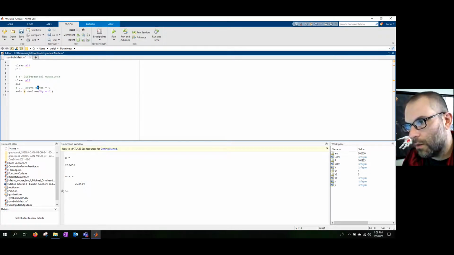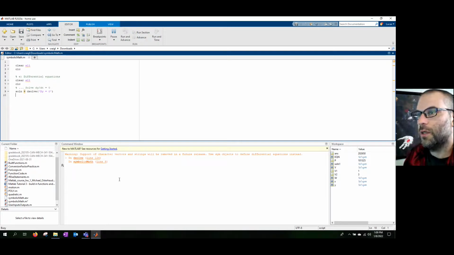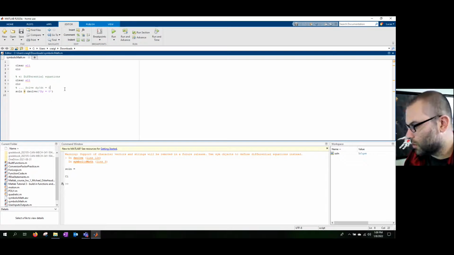So Dy here, and then it should give us an answer, okay? So when we integrate this, this will give us just a constant, okay? Because when you integrate 0, it's just a constant, okay?